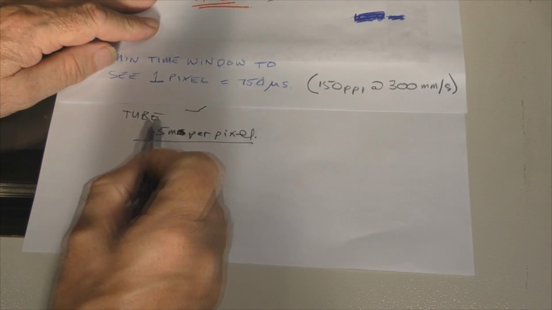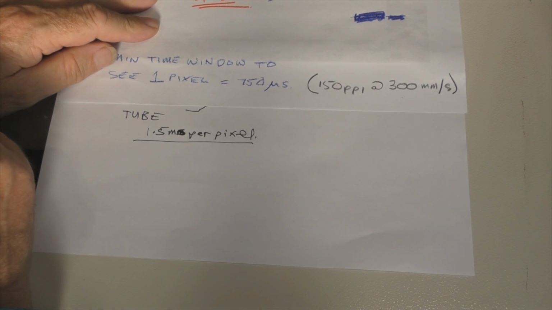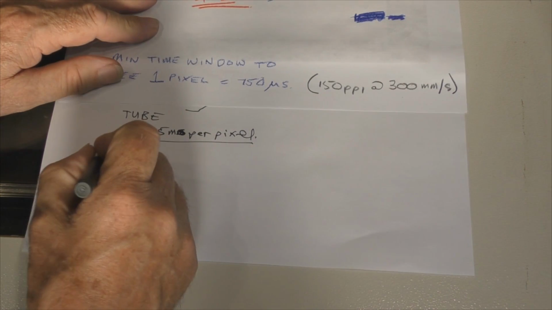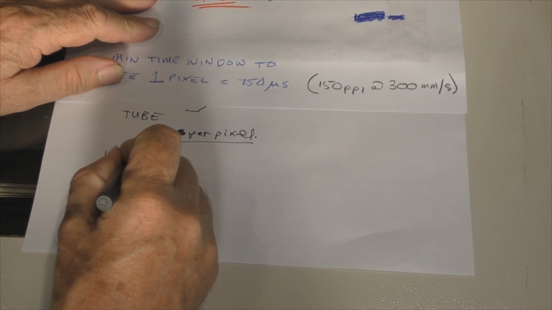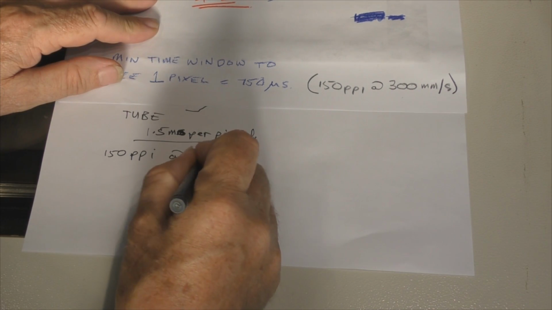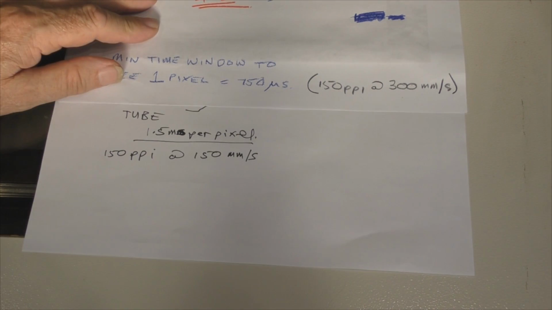Okay, so now we've basically doubled what we thought we had for a pixel time. And that basically means we're going to be limited to 150 pixels per inch at 150 millimeters per second.